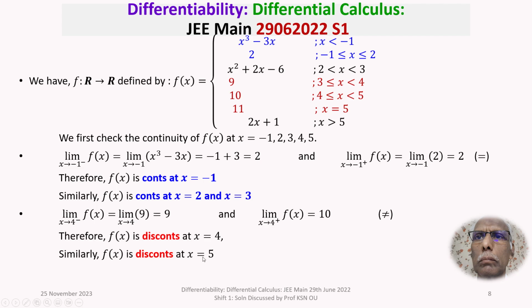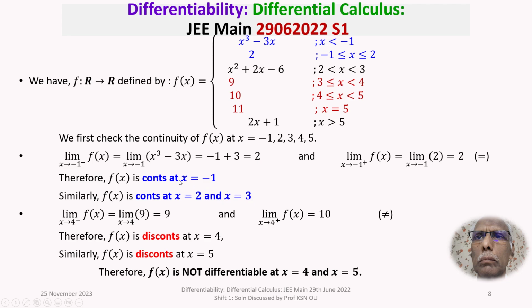Similarly, it is not differentiable at x equal to 5. Therefore, f of x is not differentiable at x equal to 4 and 5. Our concern is the number of points where the function f of x is not differentiable. Now, continuity is attained at x equal to minus 1, 2 and 3.